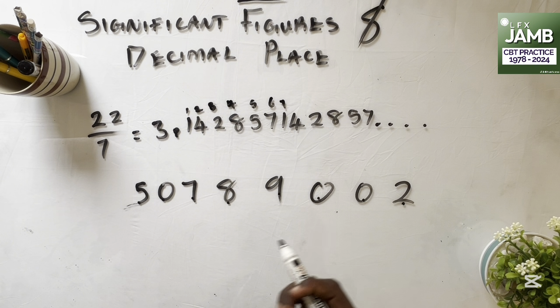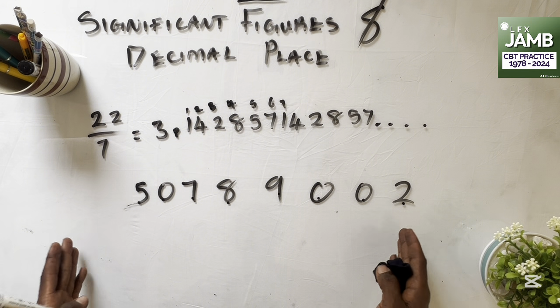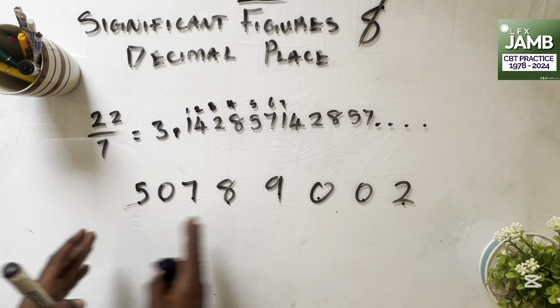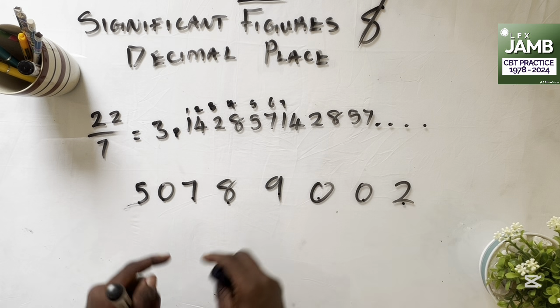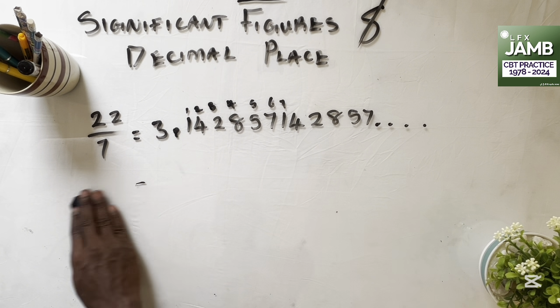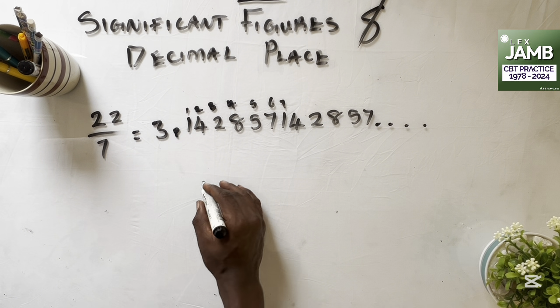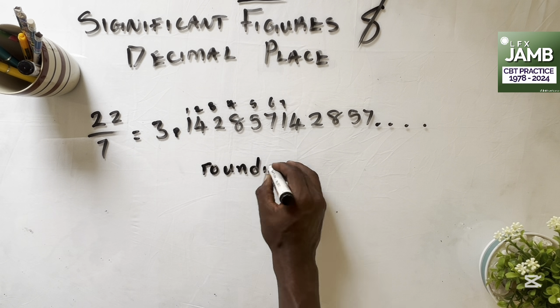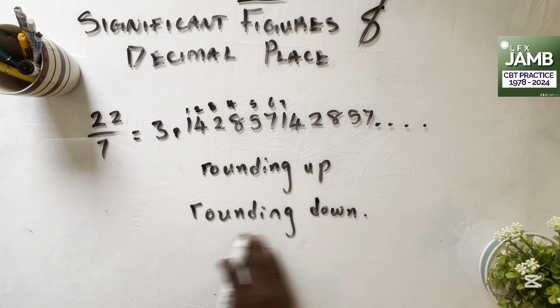Now, when we are asked to work with decimals, significant figures and decimal places, there are certain things we do. We do an operation called approximation. And we either approximate by rounding up or rounding down. Conditions for rounding up and rounding down.